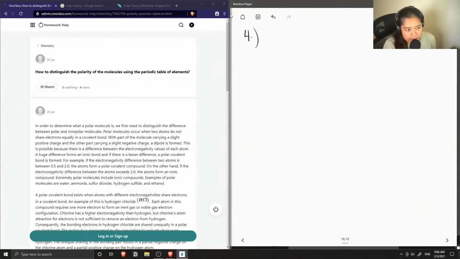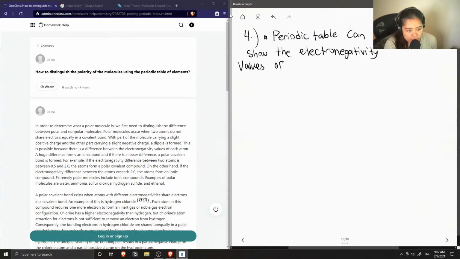So first I'll just say at the top that a periodic table can show the electronegativity values of all of the elements.